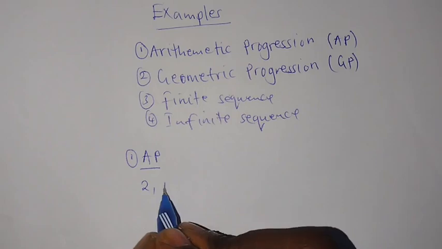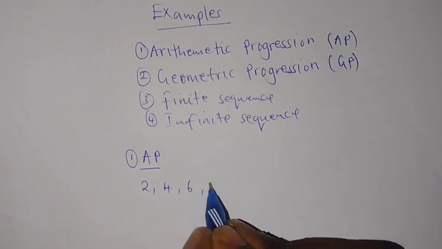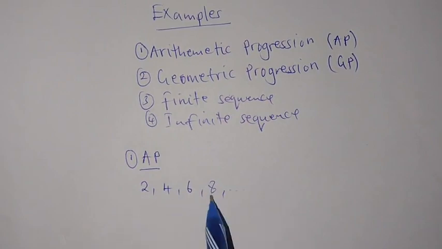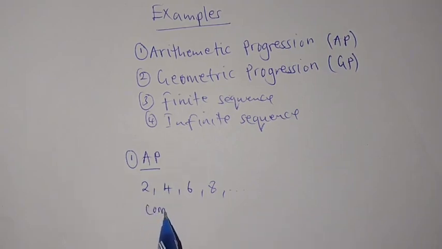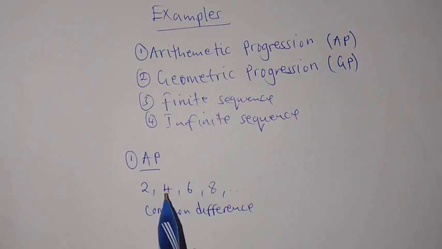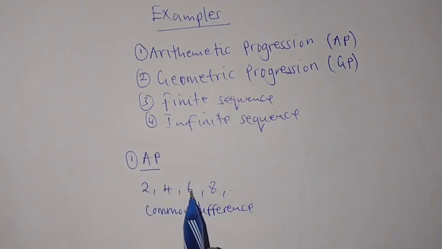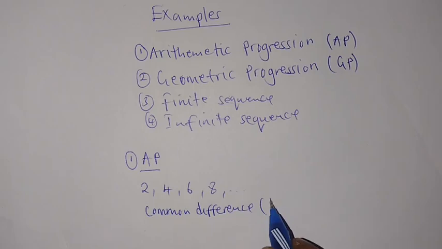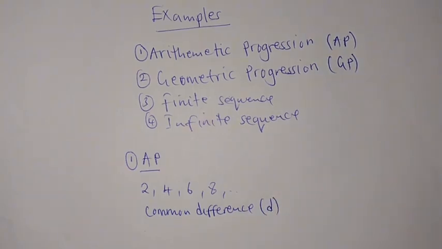I gave an example: 2, 4, 6, 8. First we find the constant difference, or the common difference. This common difference is the difference between 2 and 4, 4 and 6, 6 and 8. It's constant, and we can refer to it by using D. D in this case stands for common difference.